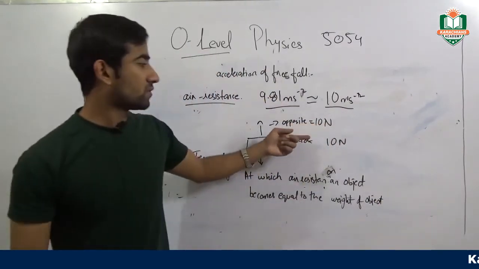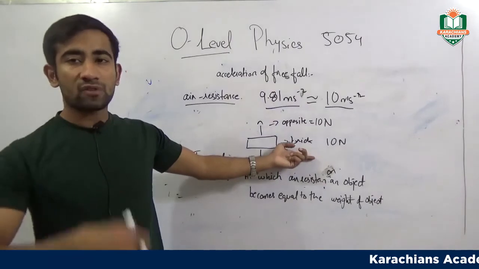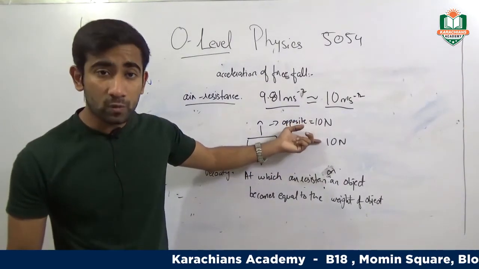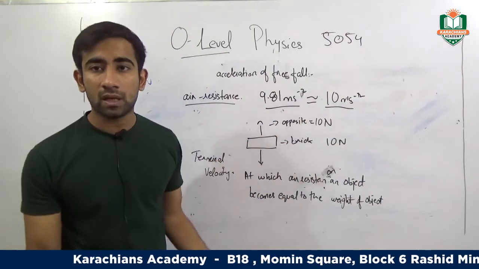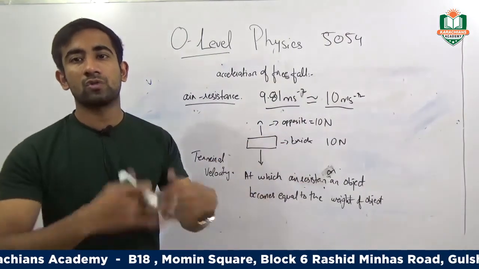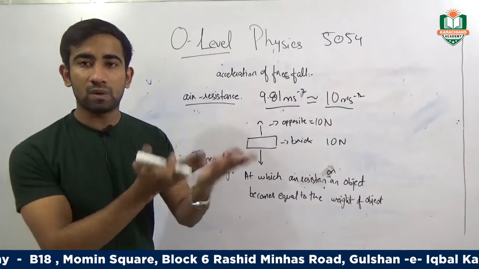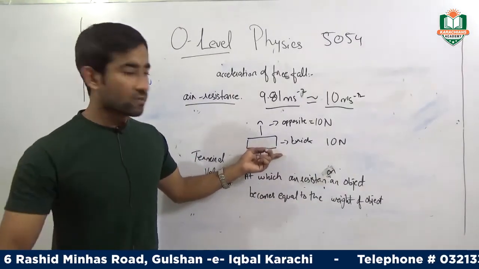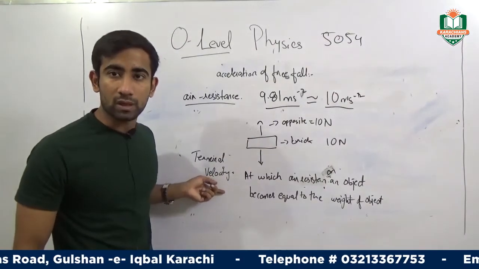For this case, if the brick was falling with a weight of 10 newtons, after some time of falling, the air resistance would become equal to 10 newtons, and these forces will be cancelling out each other. There will be no resultant force, so there will be no acceleration, and acceleration will become 0, and this brick will fall with a constant velocity. And that velocity will be known as the terminal velocity.